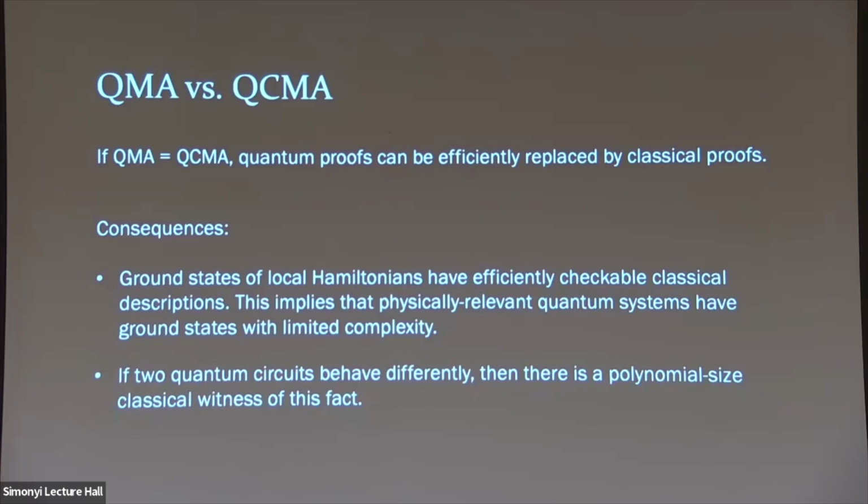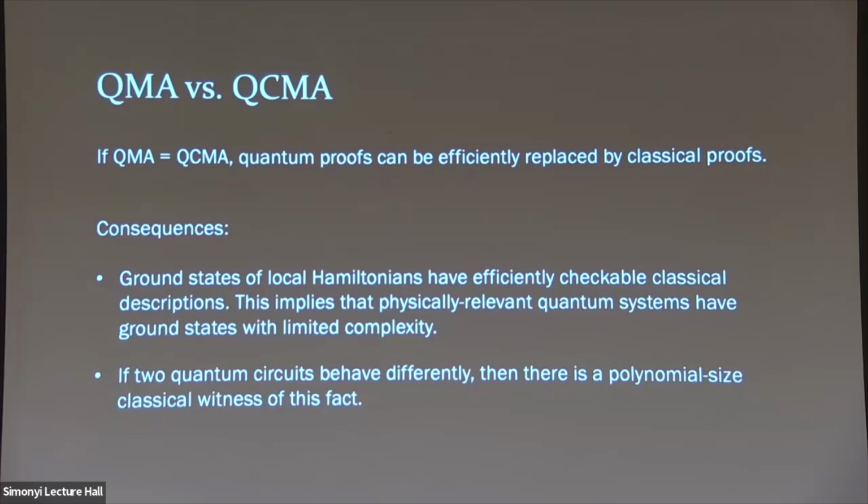In some sense, this would imply that for physically relevant quantum systems, for any local Hamiltonian that a physicist might come up with, the ground states would somehow have limited complexity.